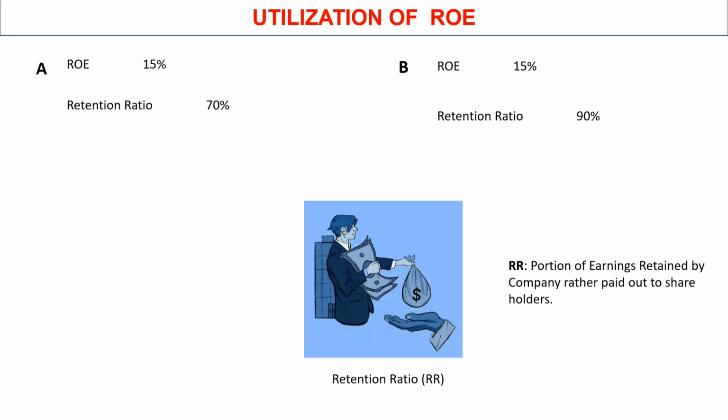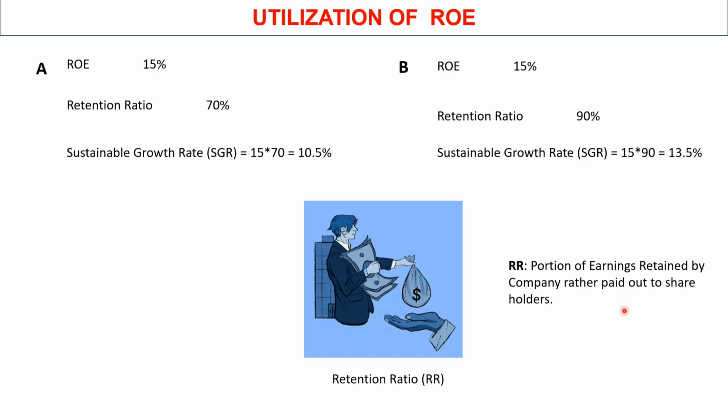The retention ratio is nothing but the portion of earnings or net income retained by the company for future growth and not paid out to the shareholders. It is simply retained income with the company.